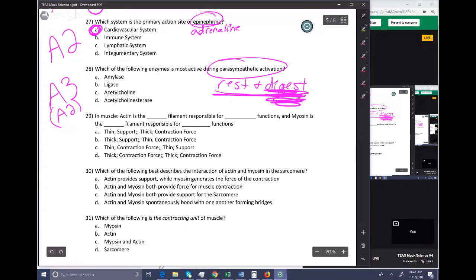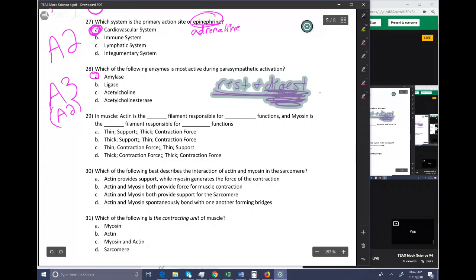So you're going to look at digestive enzymes, because when would a digestive enzyme be at its most active? During parasympathetic, because parasympathetic puts all of its resources into the digestive system, and in turn, your digestive system is most active when the para system is active.